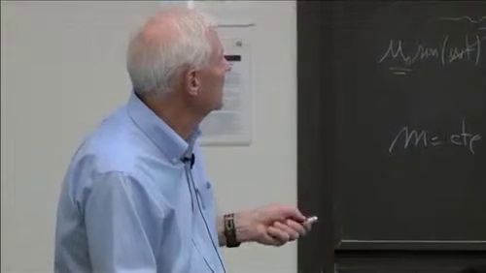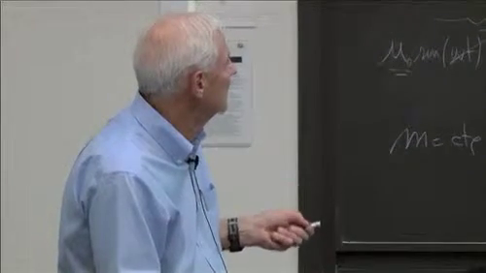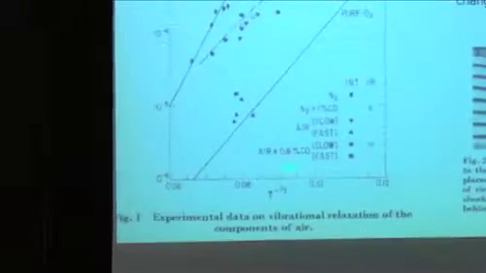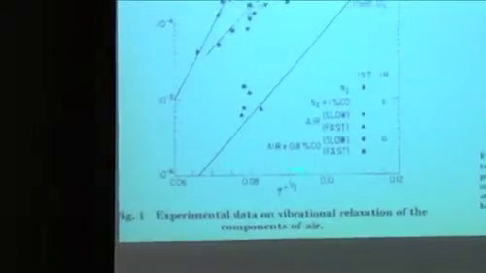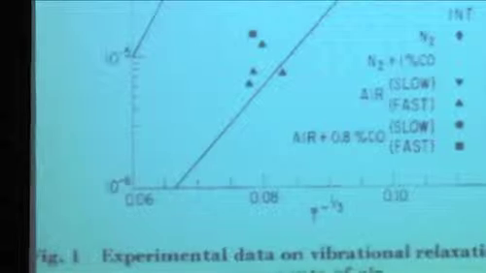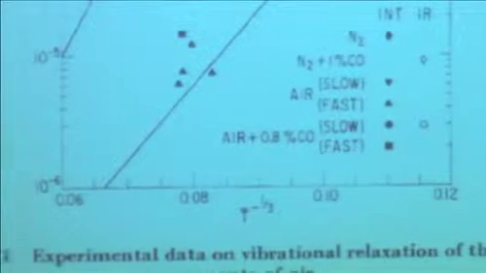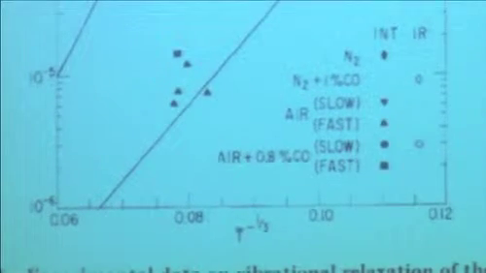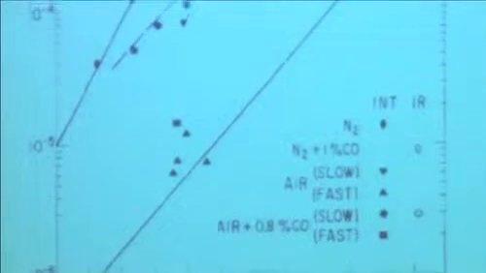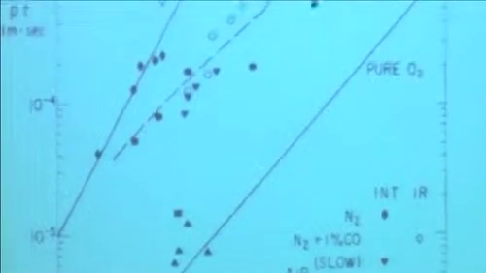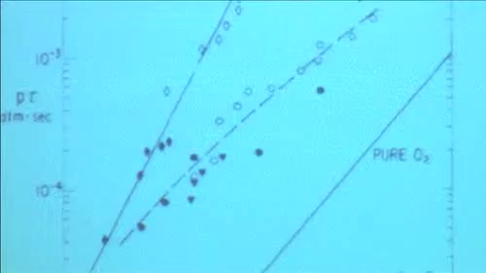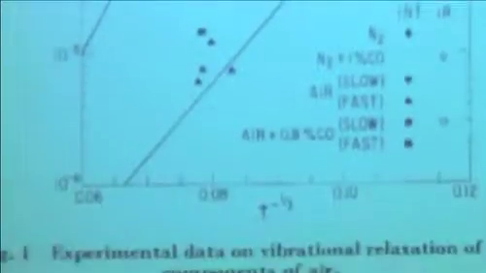And you typically plot this as p tau, because tau is inverse with pressure, that's atmosphere seconds. And instead of 1 over k, which is what you use for kinetics, you use T to the minus 1/3, because the relaxation theory that was developed by a lot of famous applied physicists in those days said that it ought to scale with T to the minus 1/3. I won't go into details.